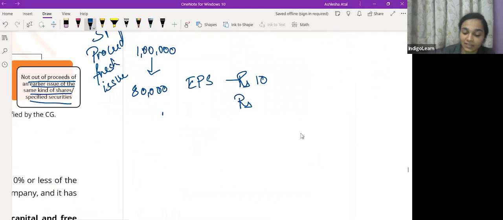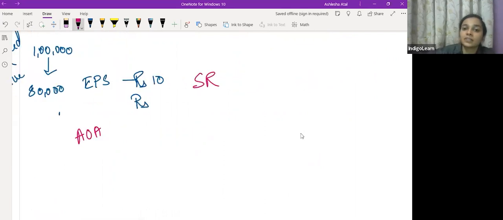We say authorization by articles of association is required. AOA authorization is mandatory. A special resolution has to be passed if the company wants to buy back its shares. However, this special resolution is not required if the buyback is 10% or less of the total paid up capital.